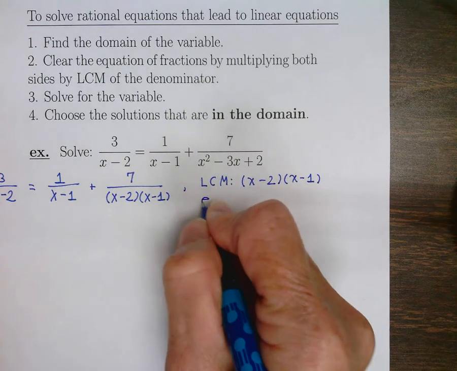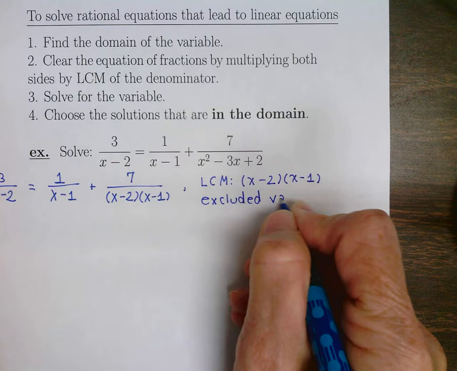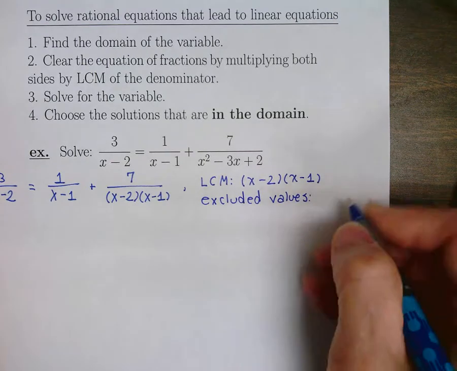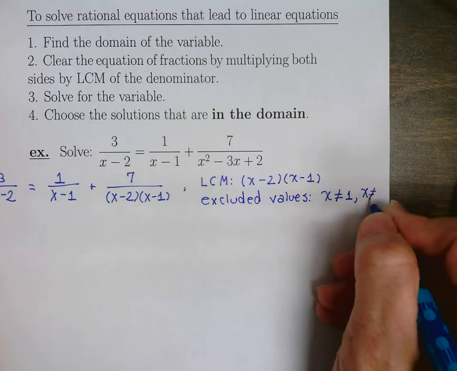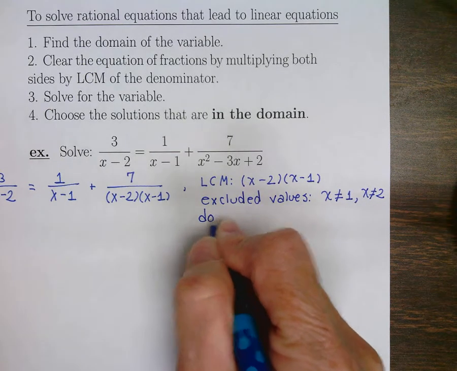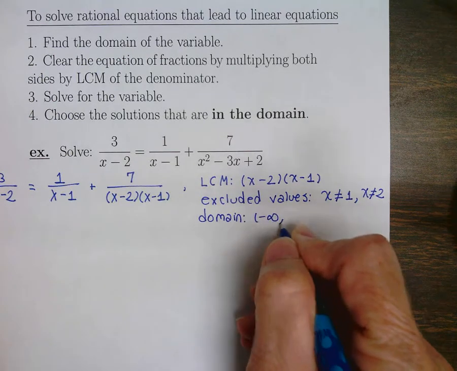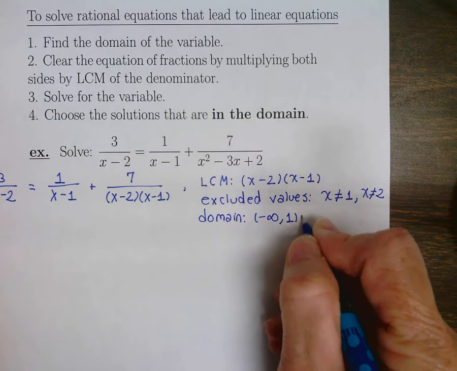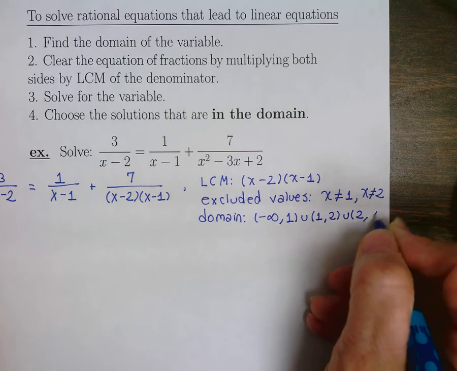And I also know that the excluded values are that x can't be 1 and x can't be 2. So the domain is everything else. It's minus infinity to 1, union from 1 to 2, and then from 2 to infinity.